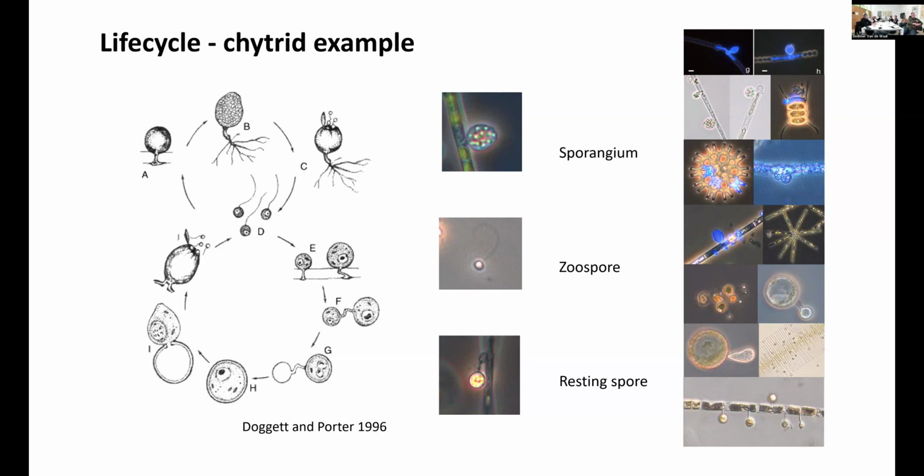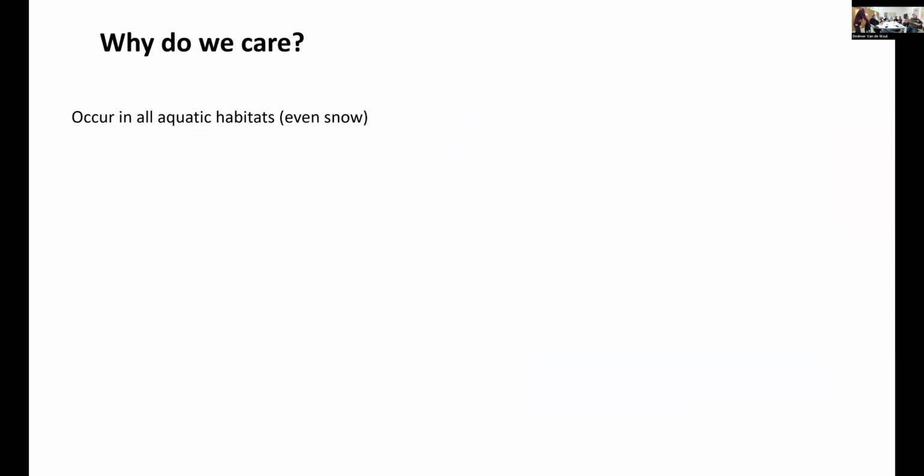And just to give you a first glimpse into the diversity, these are all chytrids actually. They really infect a wide range of microalgae and others. But that also brings me to the next question of why do we actually care about these zoosporic parasites?